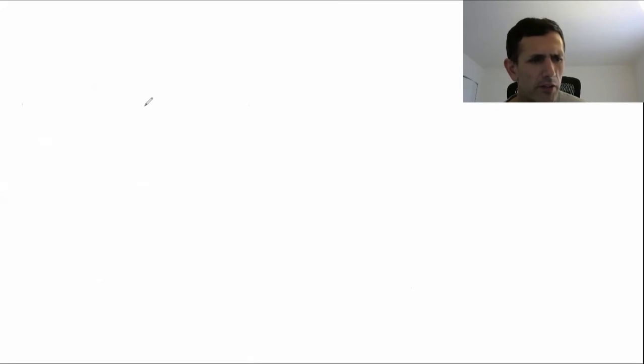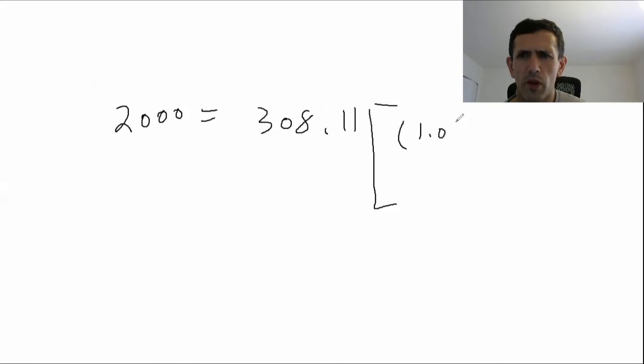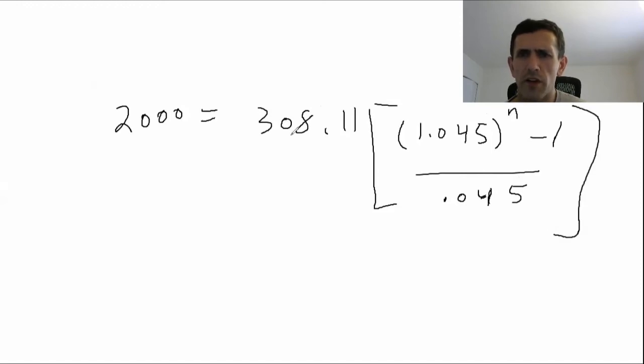Just to summarize, 2,000 is 308.11 times 1.045 to the n minus 1 over 0.045. Of course, you would divide by 308, multiply by 0.045, add 1, take ln's.